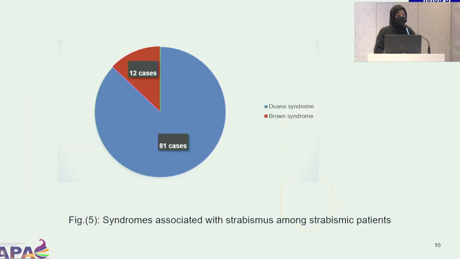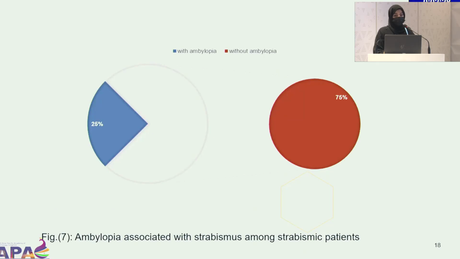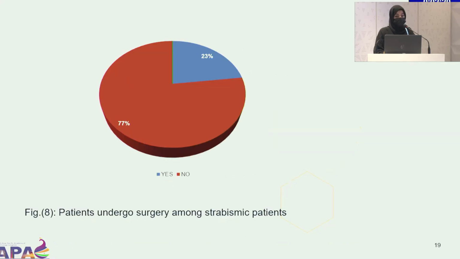We found 81 cases associated with Duane retraction syndrome, and 12 cases associated with Brown syndrome. There are cases associated with paralytic squint, and happily, only 25% associated with amblyopia, and 75% without amblyopia.